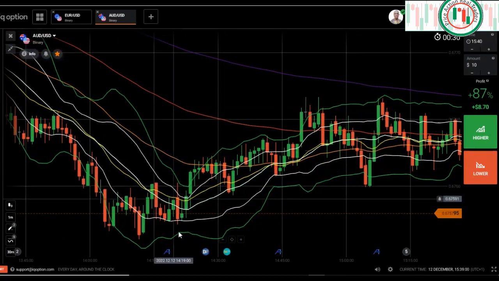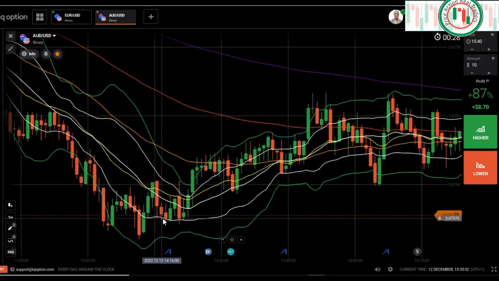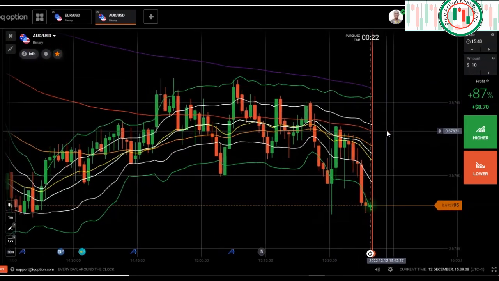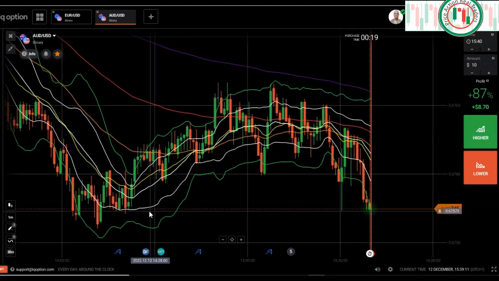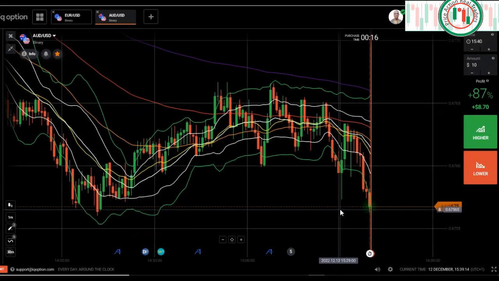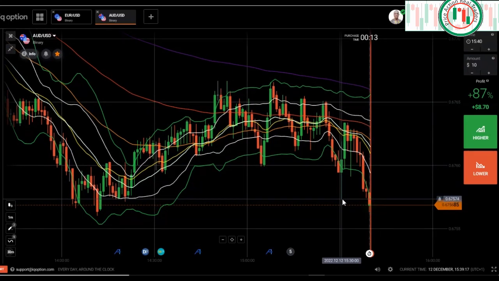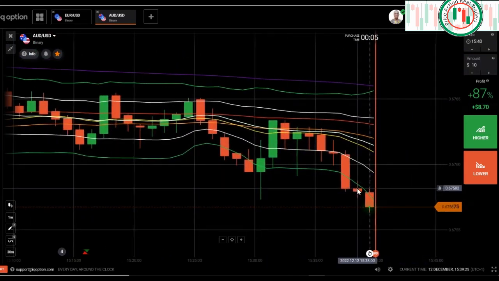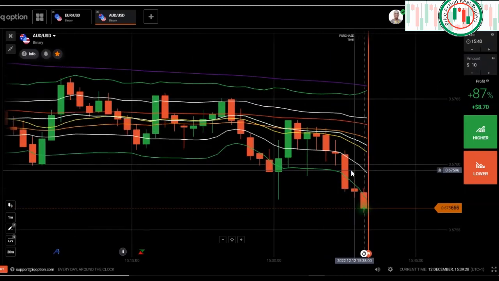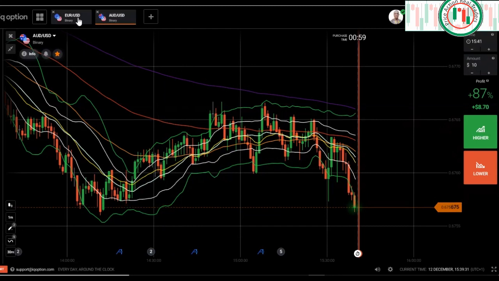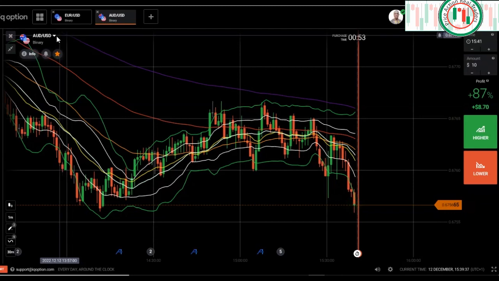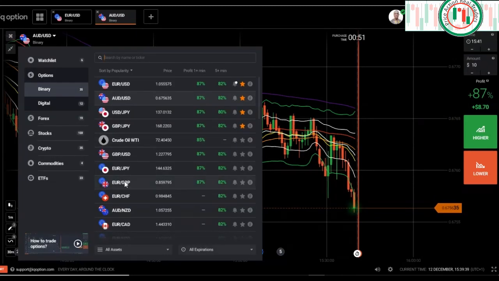So here you see market has reversed here multiple times, but the major trend is down, and you see this candle was here already, and this is continuation. Let me change.